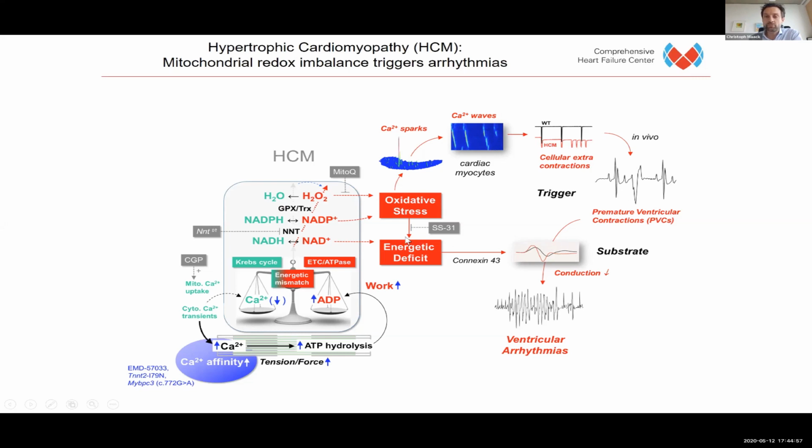And this substrate is provided to a substantial amount by an energetic deficit that has been described also by Sabine Hucke and Björn Knollmann some years ago, where they observed that in the same I79N mouse, focal energy depletion leads to dephosphorylation of connexin 43, and thereby the conduction of electricity along the myofibrils is slowed, and this accounts for the slowing of the QRS complex.